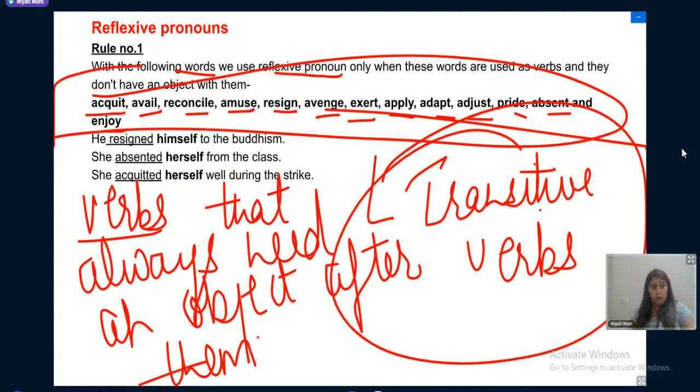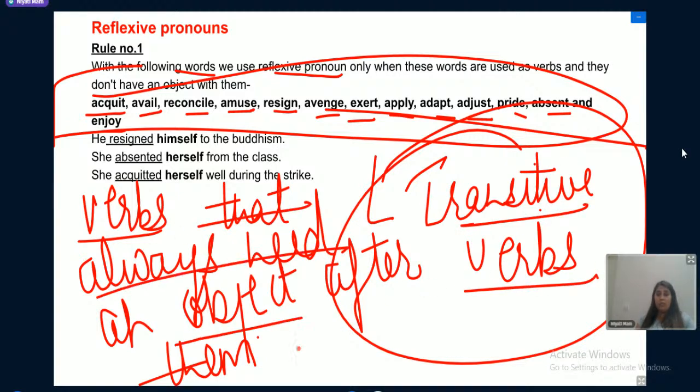I already told you in subject-verb agreement that the two important components in a sentence are subject and verb. An object can be there and an object cannot be there. Now, there are two types of verbs: transitive verbs and intransitive verbs. Transitive verbs always need an object after them.